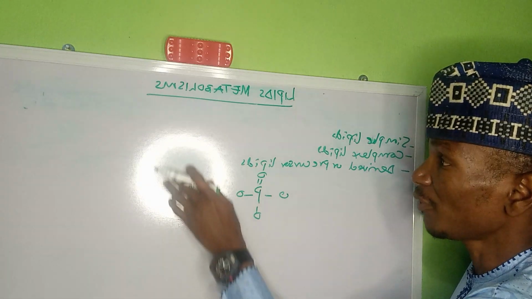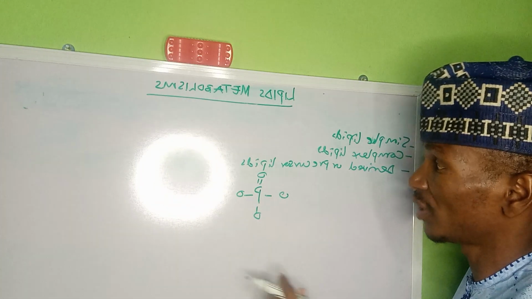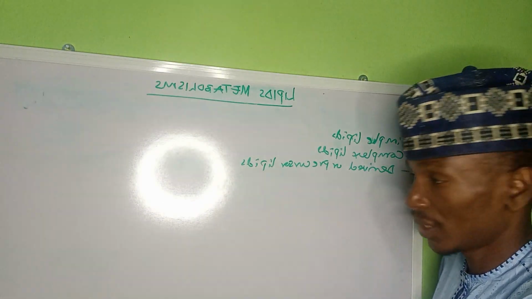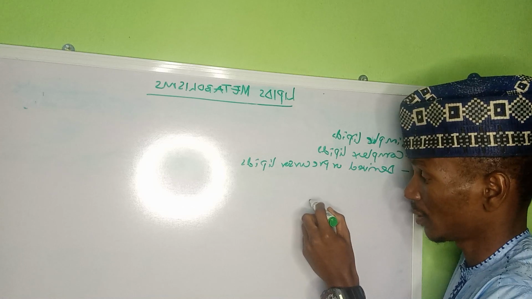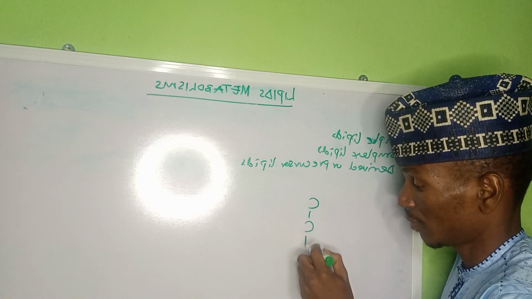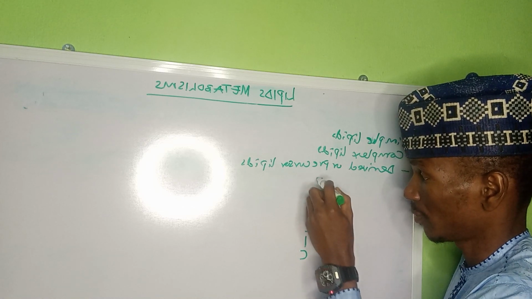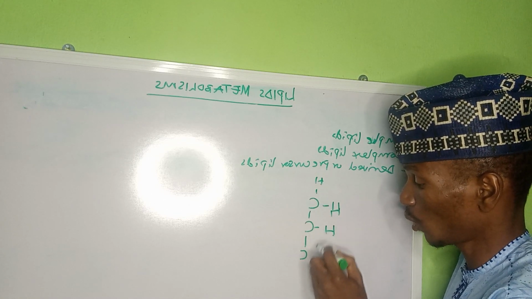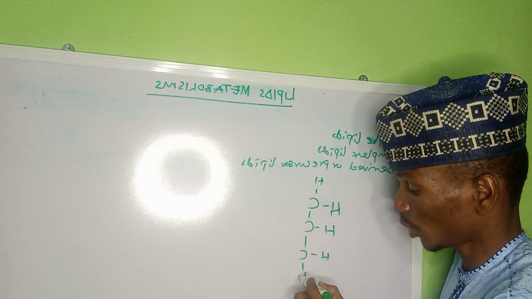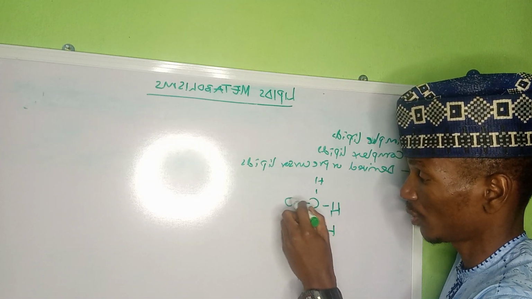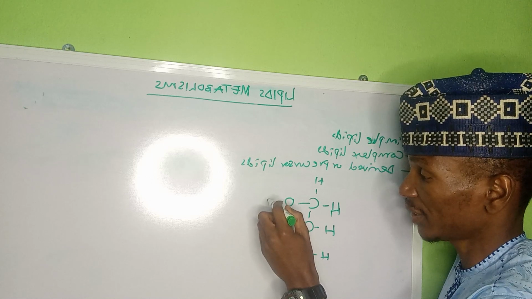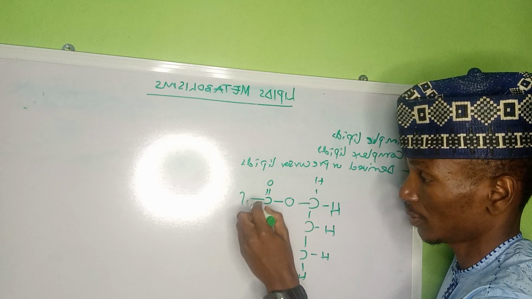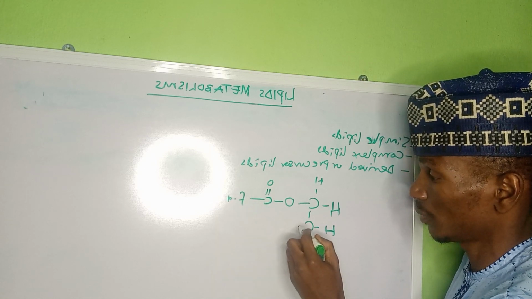Usually, if we look at the structure of the lipid, this is the chemical structure of triglyceride. This is the fatty acid group.